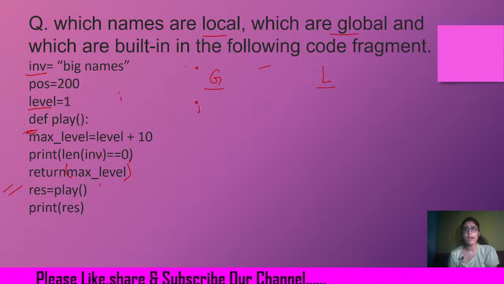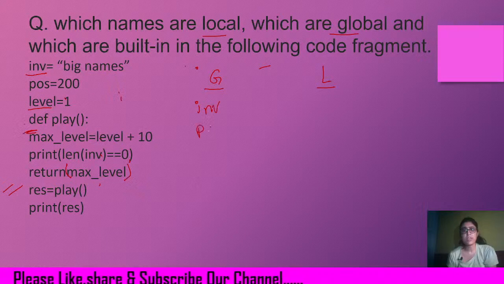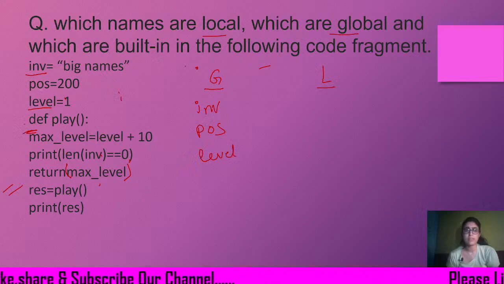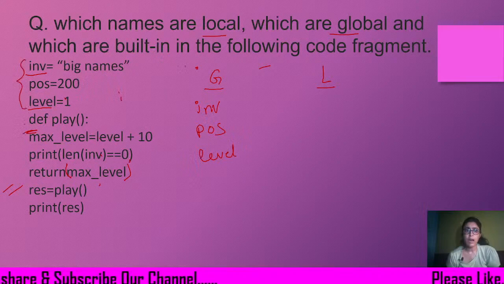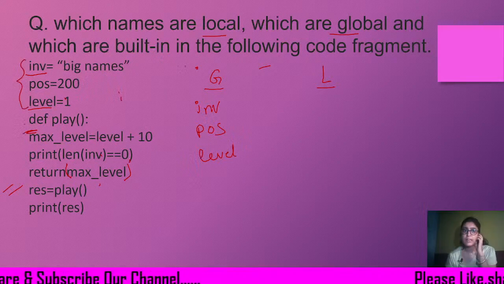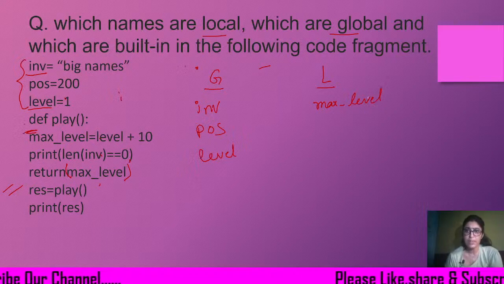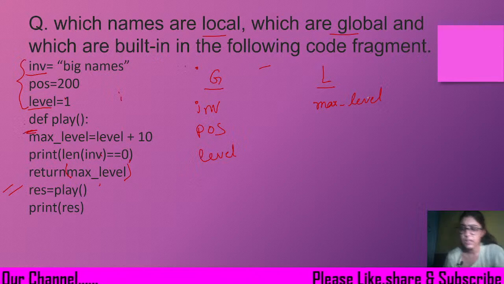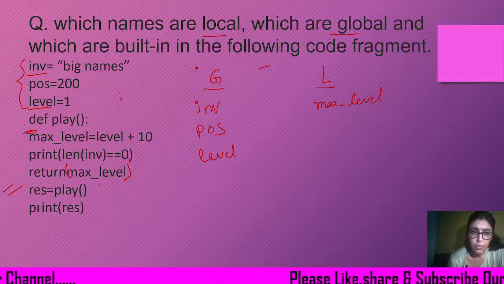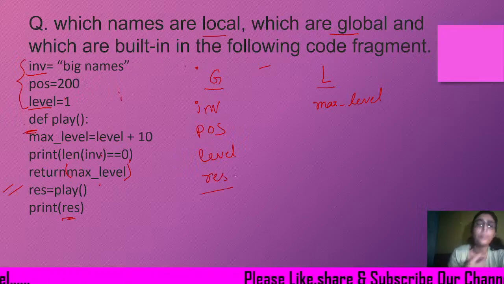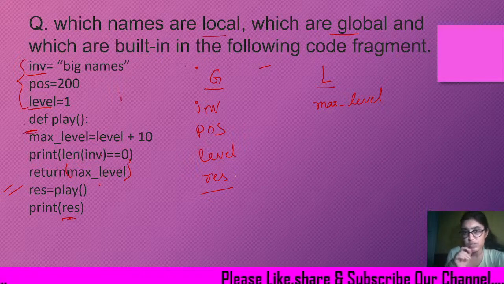So inv, pos, level are the global variables, as these are defined outside of the function at the top of the program. max_level is the local variable here. Now what about res? res comes under the global variables because no main function has been written.